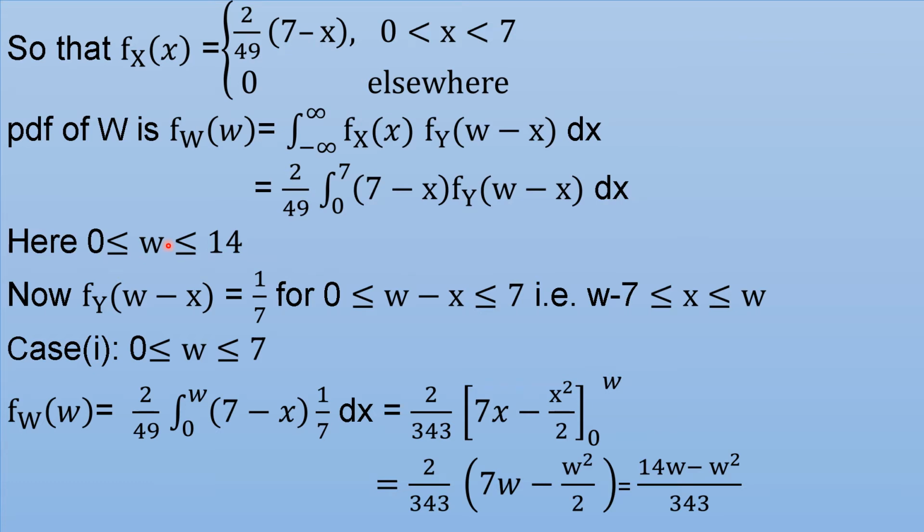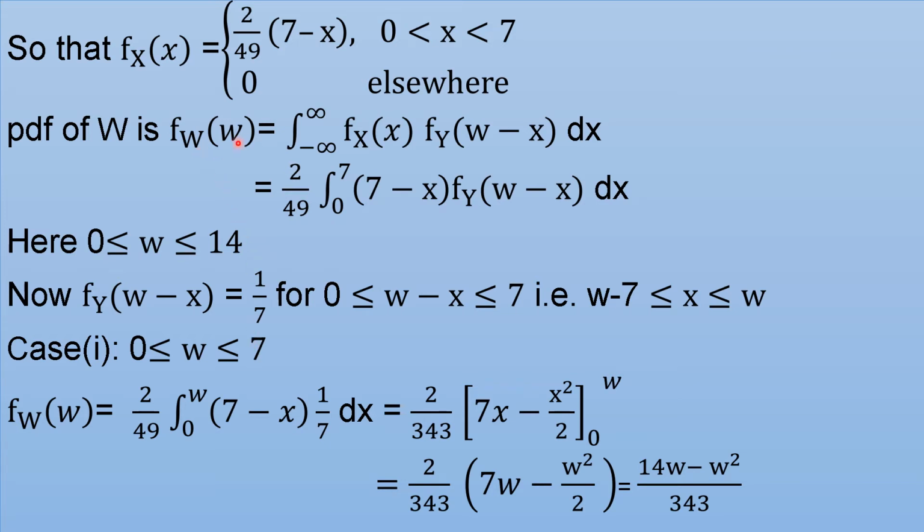Then we'll take from 7 of length 7 means up to 14. So we'll split this interval for w, that is 0 to 14, into two subintervals, 0 to 7 and 7 to 14. So first case is w is greater than or equal to 0, less than or equal to 7.